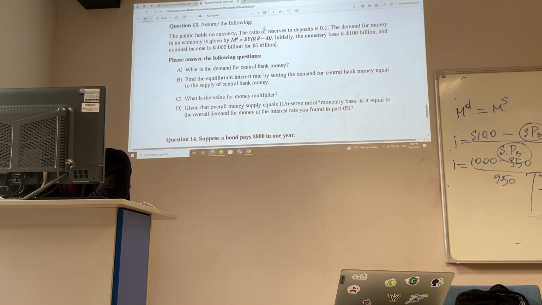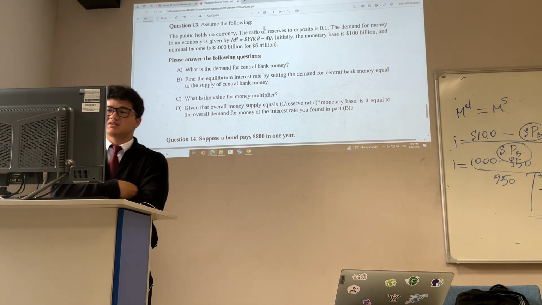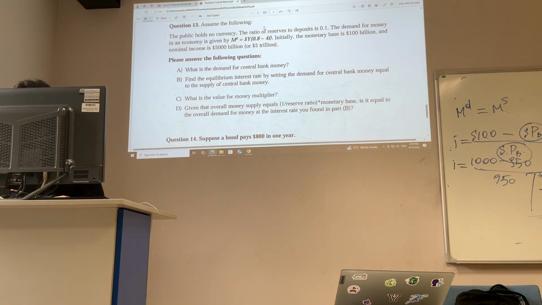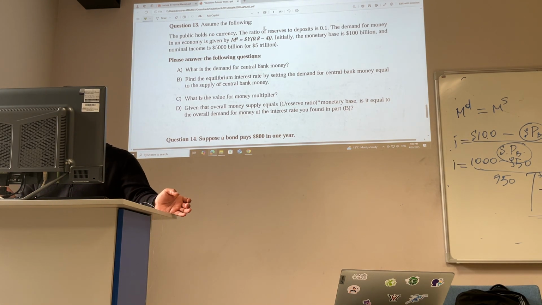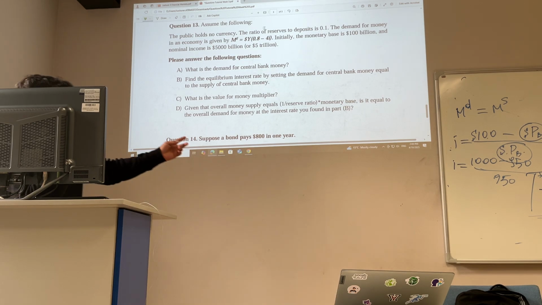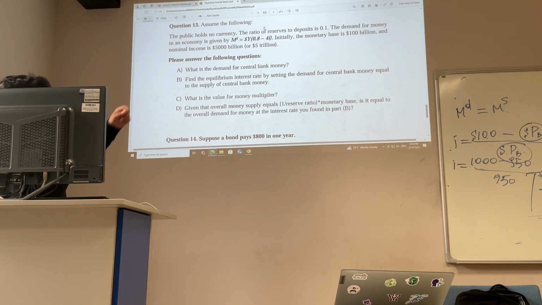What is the demand for central bank money? So our theta is equal to 0.1, the ratio of reserves to deposits. That's our ratio. First, just try to solve, and I will help you again.